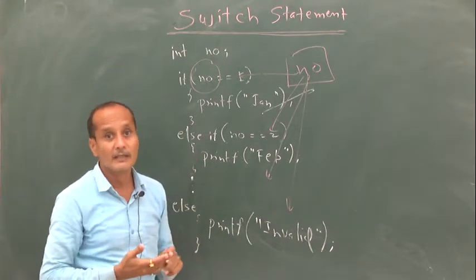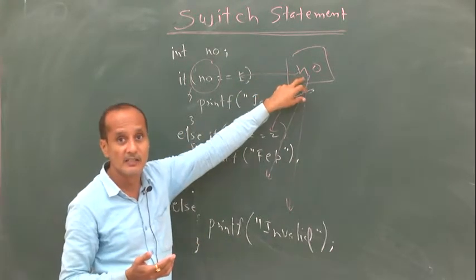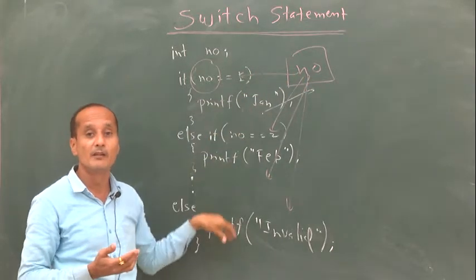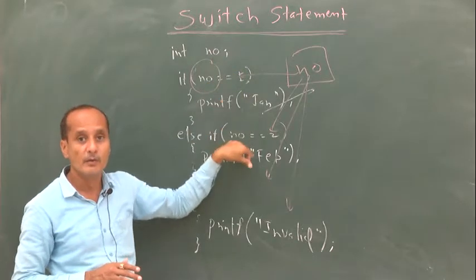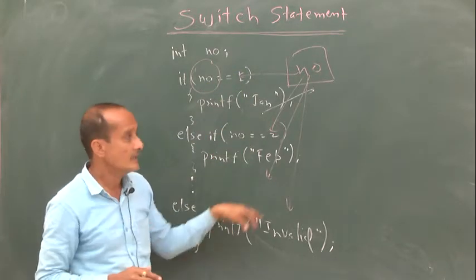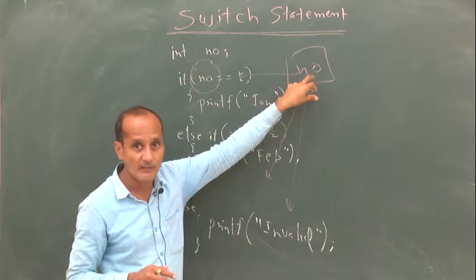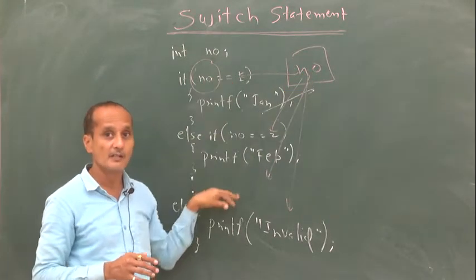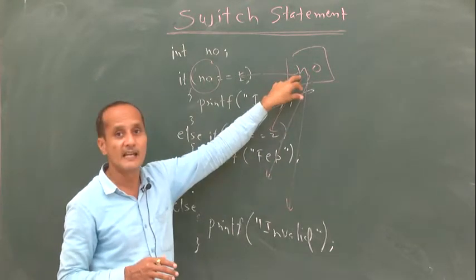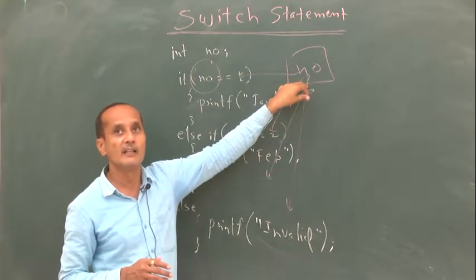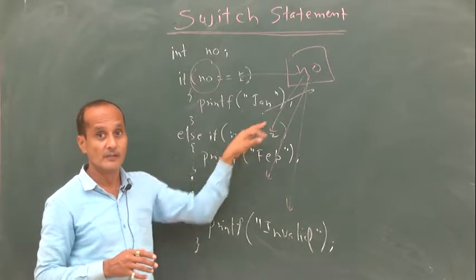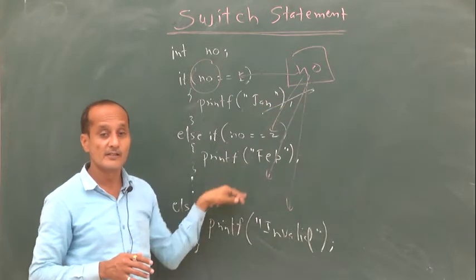But in cases when the same condition is getting compared with multiple possible values, same expression having multiple possible values. I repeat, same expression or a variable having multiple possible values, meaning expression has value so and so case 1, expression has value so and so case 2, expression has value so and so case 3.